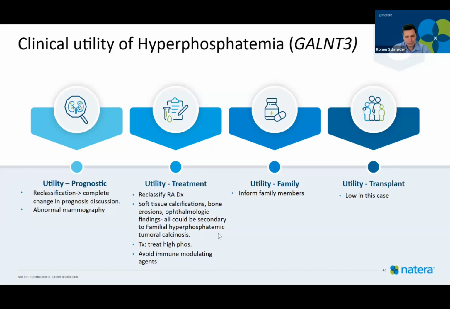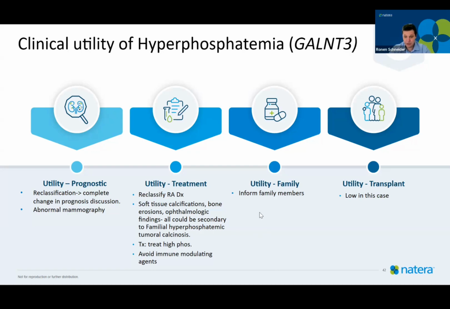That also reflects on the treatment, right? This reclassification resulted in us avoiding all the immune modulating agents that she was receiving before for rheumatoid arthritis, as I said, for more than a decade with very limited benefit.